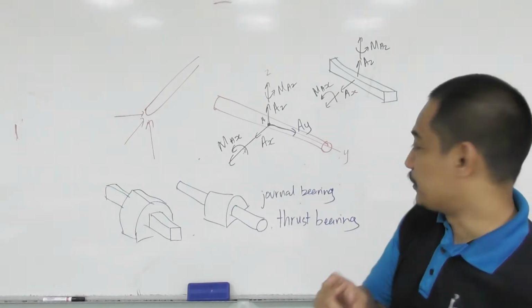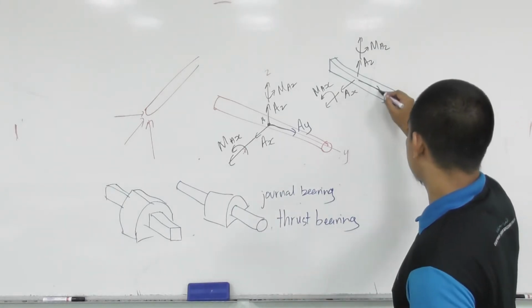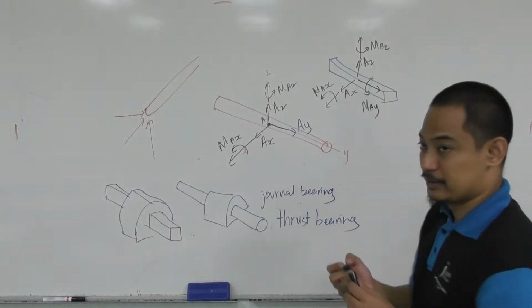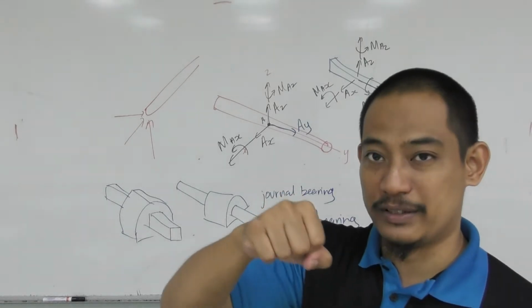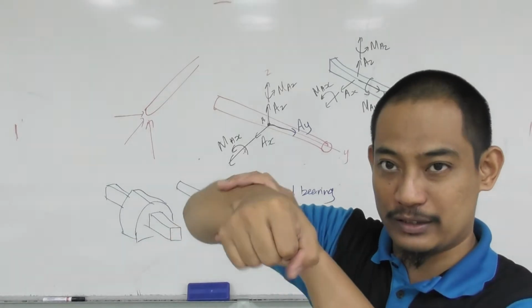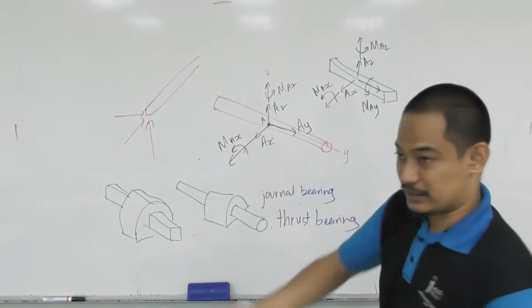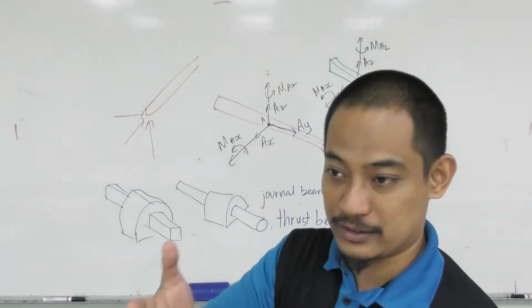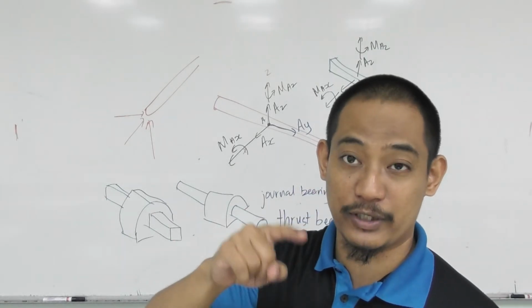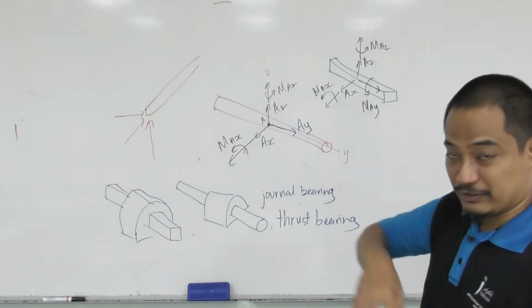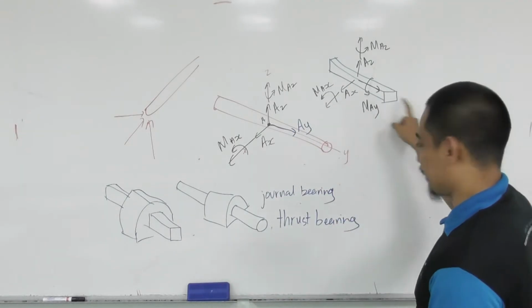However, the additional point is this, MAY. Because it will also be restricted from rotating about that axis, in this case about the y-axis. It cannot rotate about the y-axis, hence there's a restriction, hence you have the support reaction moment MAY. Of course, if it's a thrust bearing, then you have also AY.